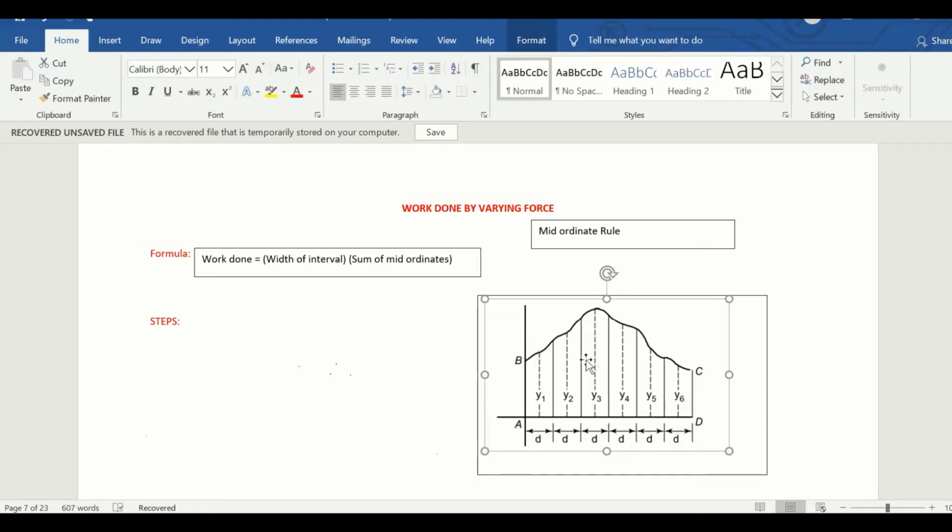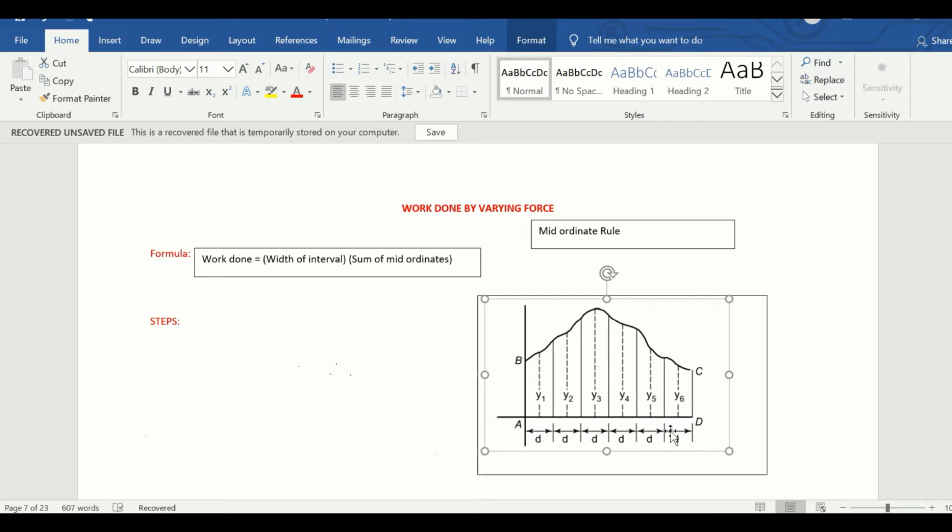Now, what you are seeing here on your right is a sketch of a graph. This graph has been plotted and split into equal parts. As you can see here, we have 1, 2, 3, 4, 5, 6.